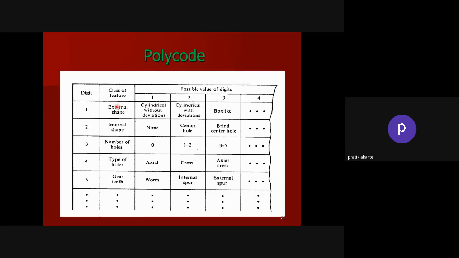So you can see that from the polycode a lot of information can be extracted and stored from a single code, but there is a complexity because a lot of combinations are involved in the creation of the polycode. If we take the external shape only, there are a lot of combinations involved. So that's why the length of the code is excessively long.